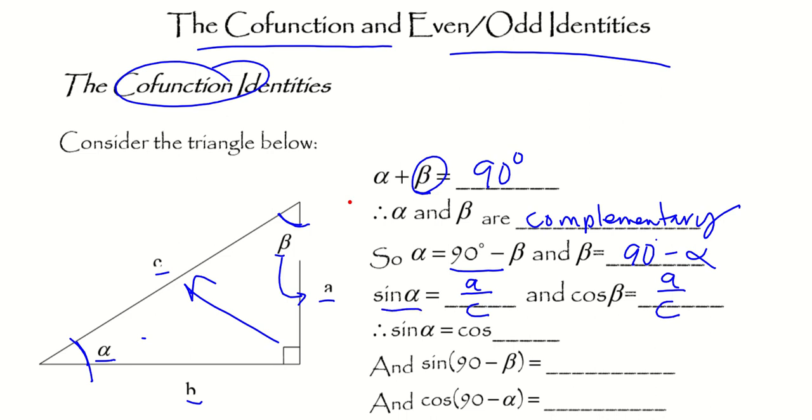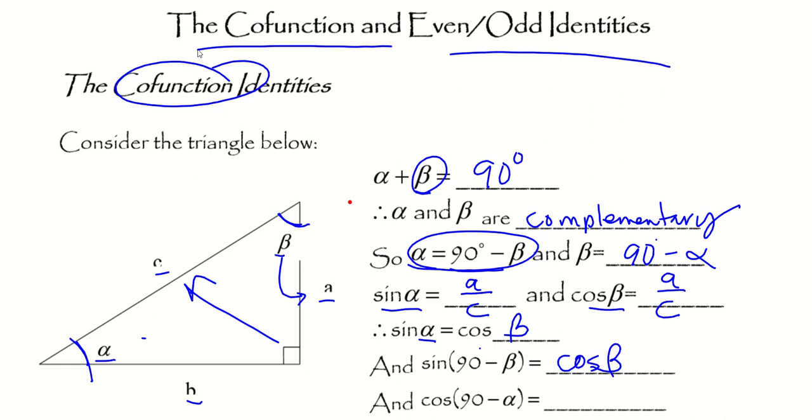So if the sine of alpha and the cosine of beta both equal A over C, then the sine of alpha would equal the cosine of beta. And if alpha is the same thing as 90 minus beta, then the sine of 90 minus beta would equal the cosine of beta.